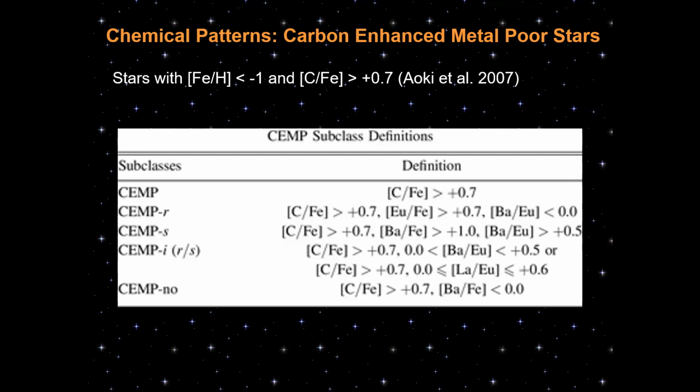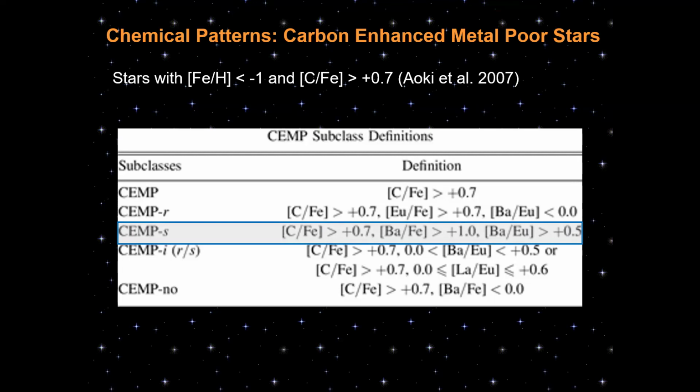The thing is that nature is more complicated than we think, as usual. There are also subgroups of CEMP stars, and the 2 categories that I'm more interested in are these.